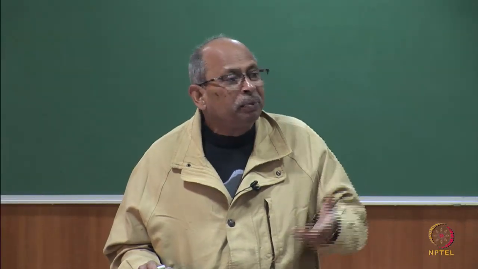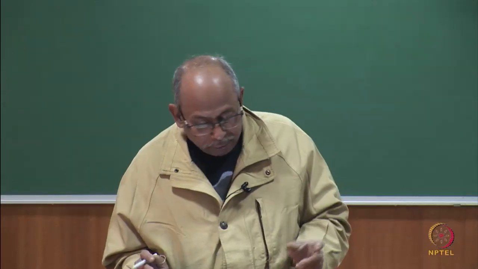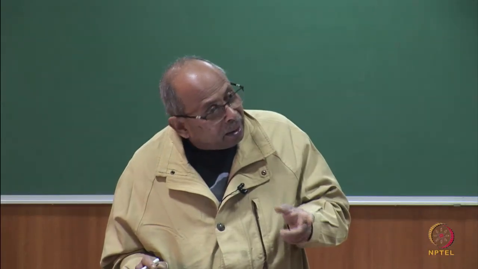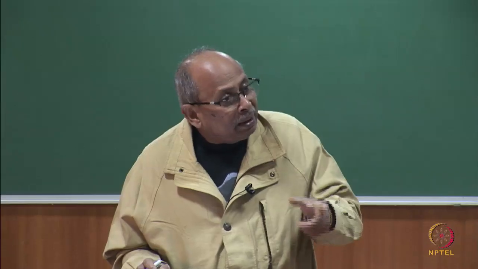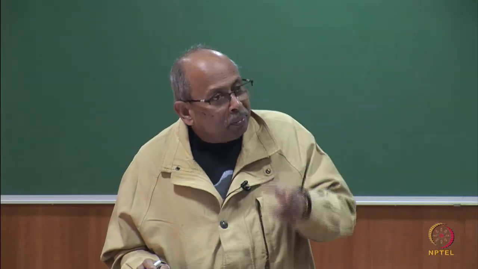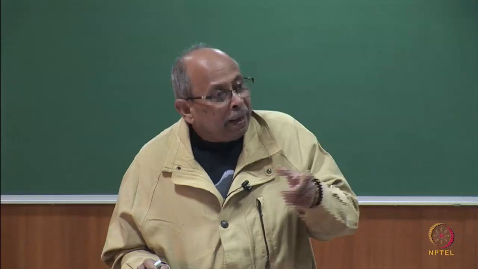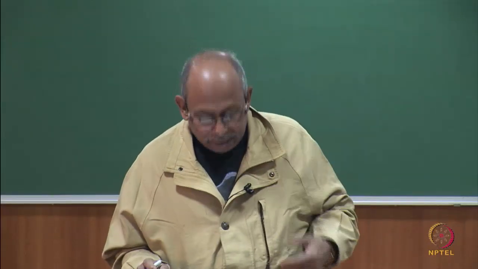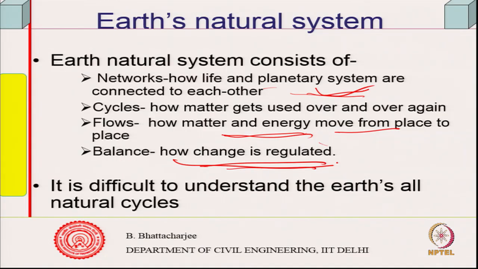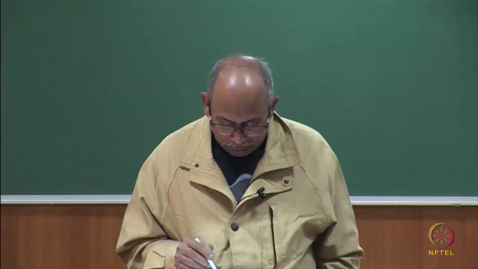So, rainfall occurs because of this kind of scenario. Therefore, there is movement of matter, and movement of energy of course is related to the sun and things like that. So, how this change is regulated, that is the balance, how the balance is occurring, or if there is no balance, what is actually happening.